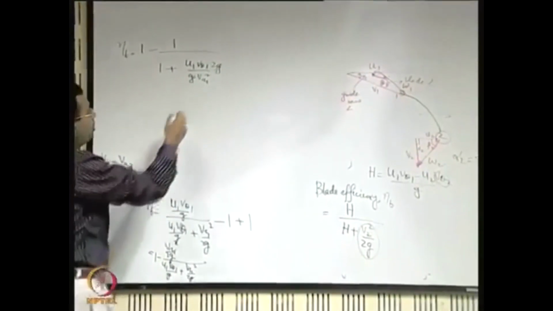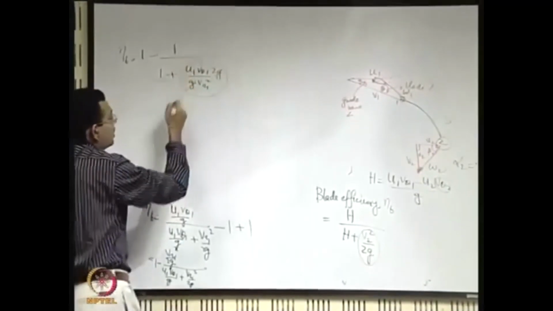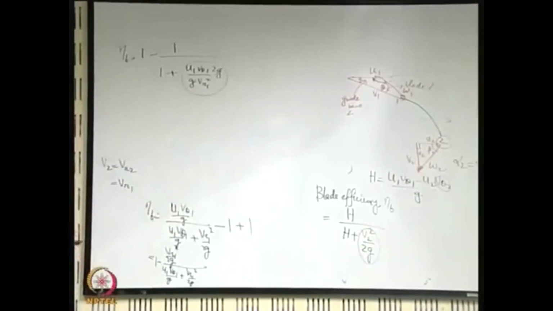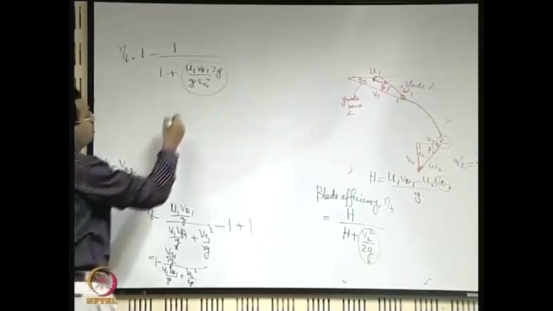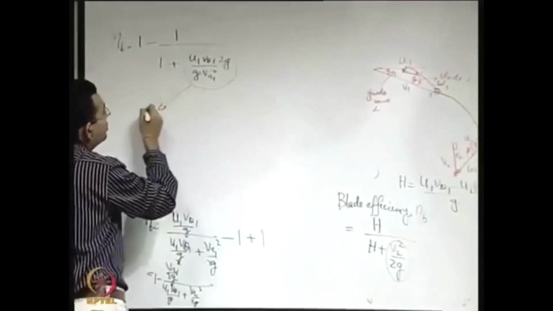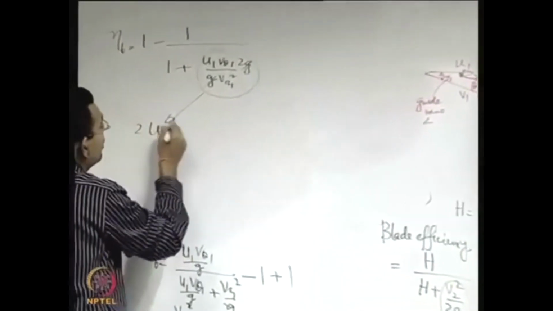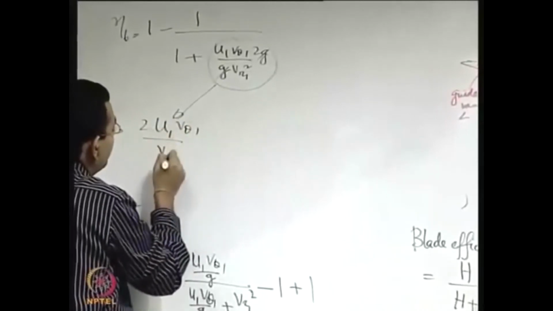So the whole idea is that this ratio we may write in terms of the geometrical features of the triangle. So let us try to write this ratio. This is 2 U1 V theta 1 by VR1 square.